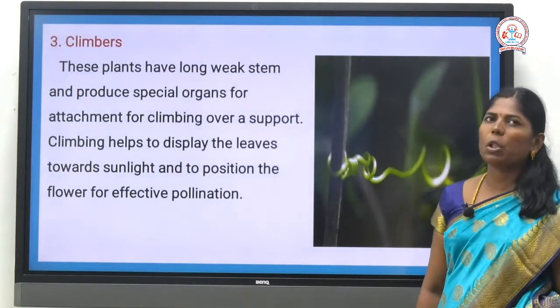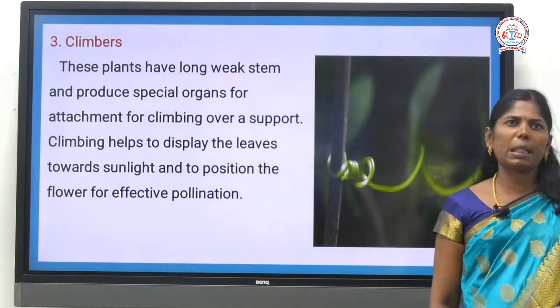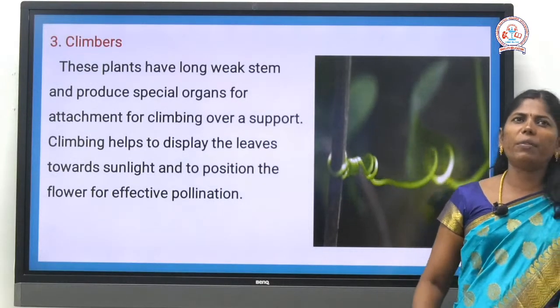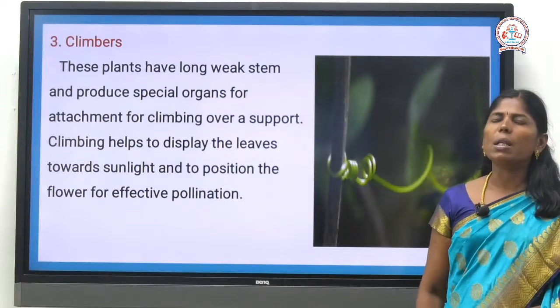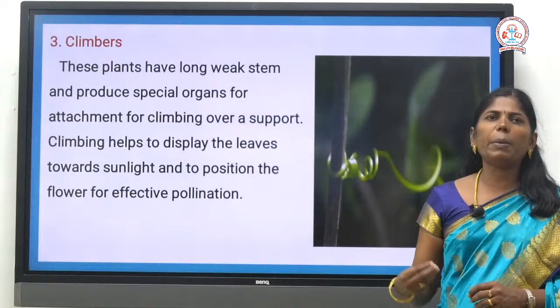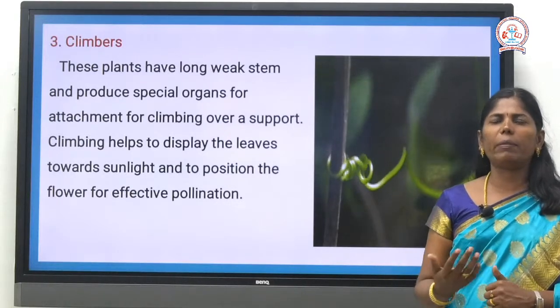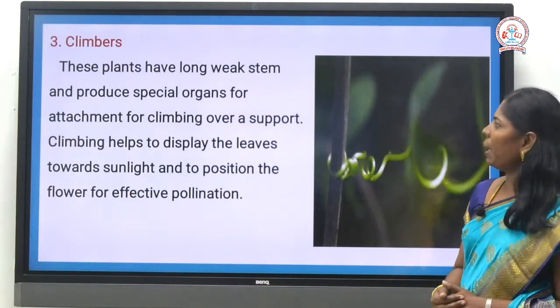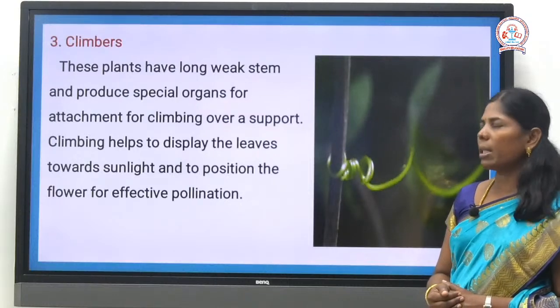When we say climbers, these plants have a long weak stem and produce a special organ for attachment for climbing. Because of the long weak stem, they easily climb the neighboring materials. The climbing helps to display the leaves towards the sunlight.